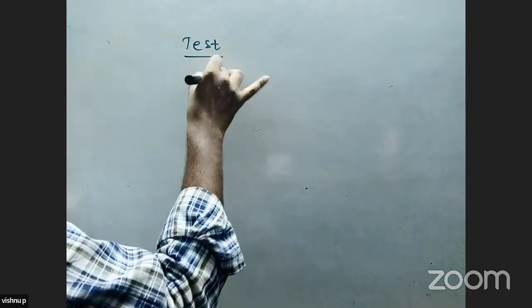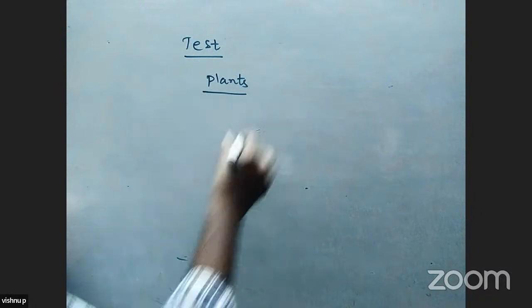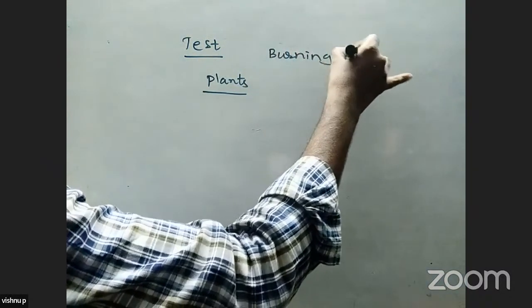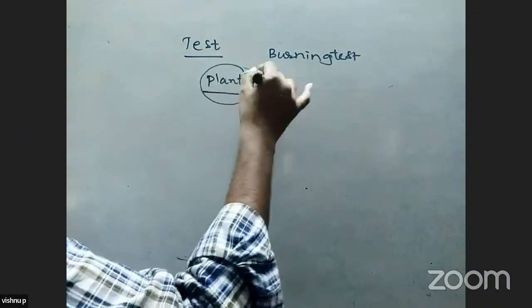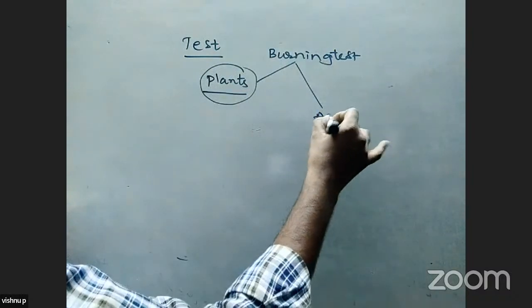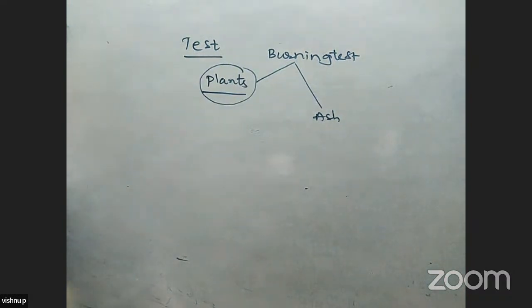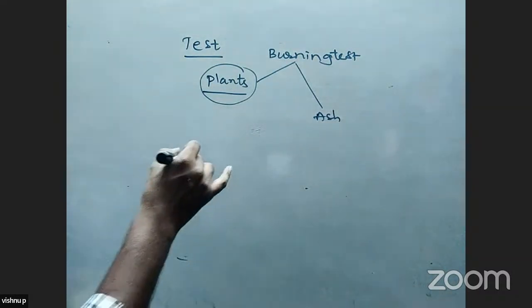If it is obtained from plants, how do we identify it? Use one test, called the burning test. When a polymer obtained from plants is burned, it gives ash. That indicates that the polymer is obtained from plants.